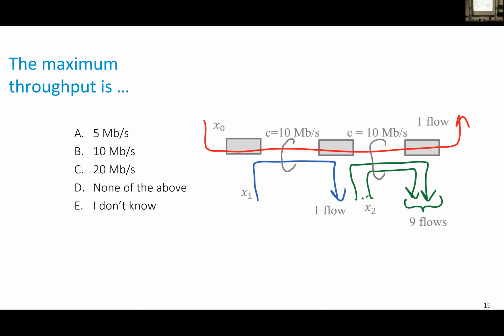So the total throughput is the sum of the rates of all the sources, right? X0, X1 plus X2, the valuable rate, the value of the rate that is delivered to the destination.